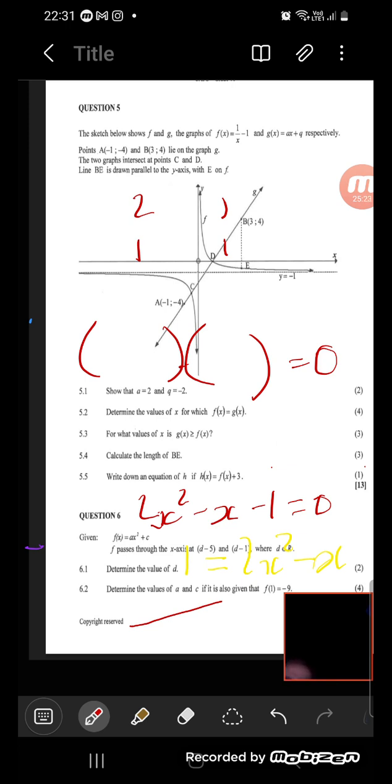So I'm going to say plus and minus, because if I say minus and minus, it's going to give me a plus 1. If I say plus and plus, it's going to give me a plus. So I've always got to have a plus and a minus. If I have a minus here and a plus here, 2 times 1, 1 times 1, 2x plus 1, and x minus 1.